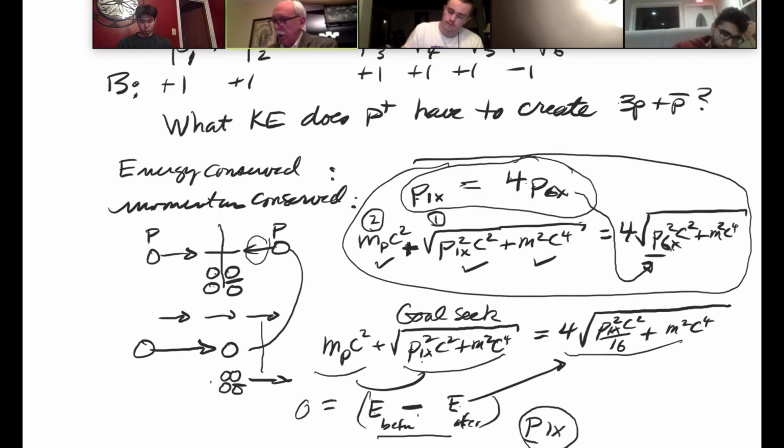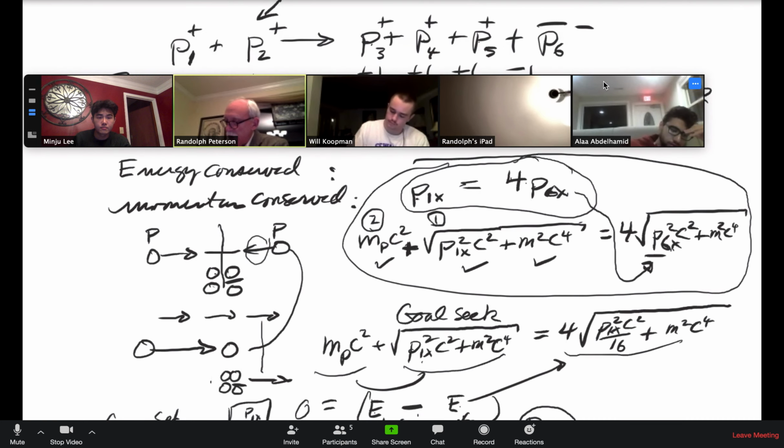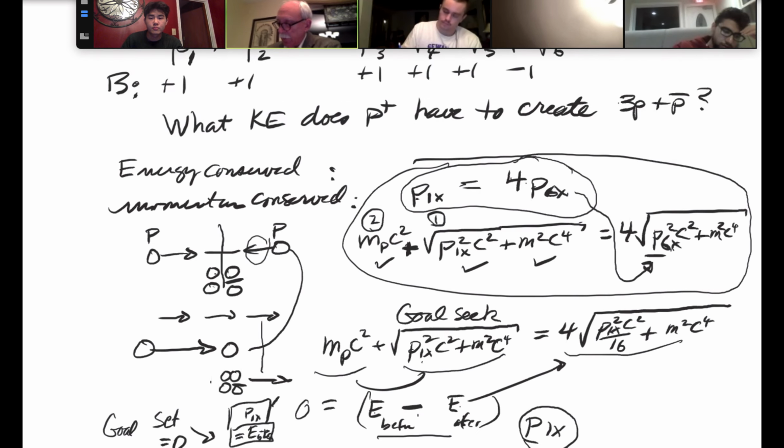All right, so in one cell, you put equals the energy before minus the energy after, and you put in all the values you know except p, referring to p in the cell above. And then in goal seek, you say set this equal to 0 by changing this.